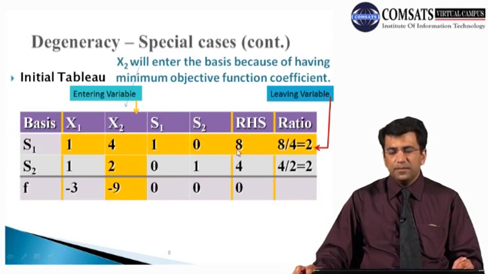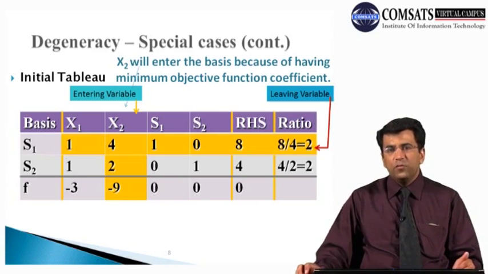If this is the pivot row, then 4 will be our pivot number because it lies at the intersection of the pivot row and the pivot column, and this particular row also helps us to identify the leaving variable. In this particular situation, S1 will be our leaving variable.